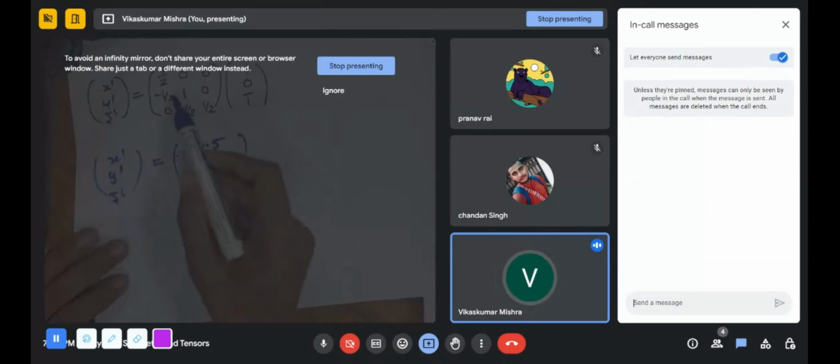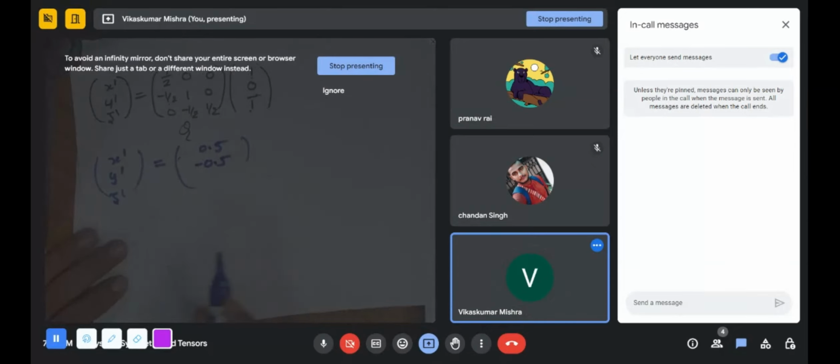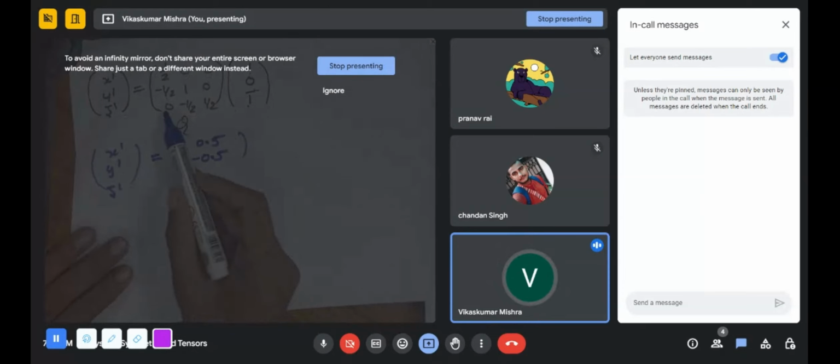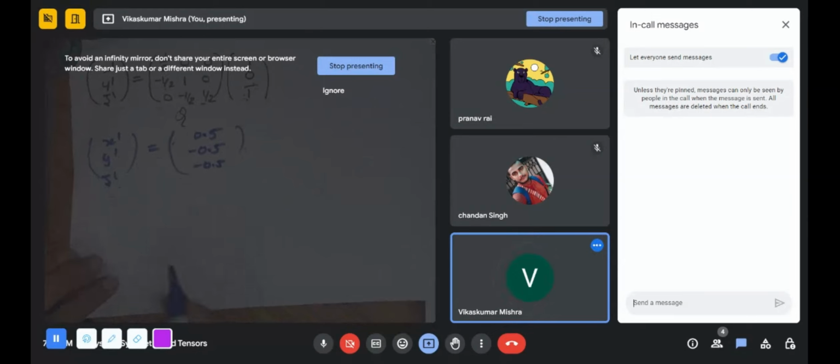Then multiplying with the next terms, minus 1 by 2 with 1, minus 1 by 2, the rest being 0, so minus 0.5. Then these things: this is 0, and half, it will be minus 0.5.